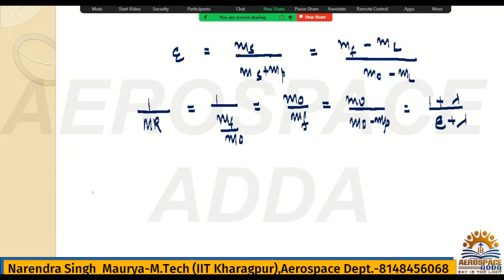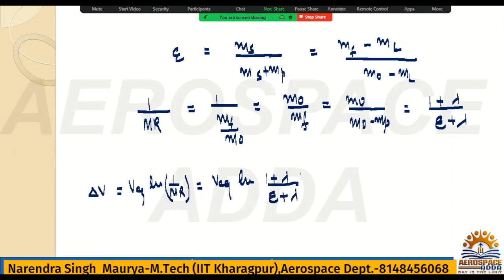So now if I write delta V finally, delta V is V equivalent ln 1 by mr. So this you can also write as V equivalent ln of (1 plus lambda) divided by (epsilon plus lambda). This is also a formula.